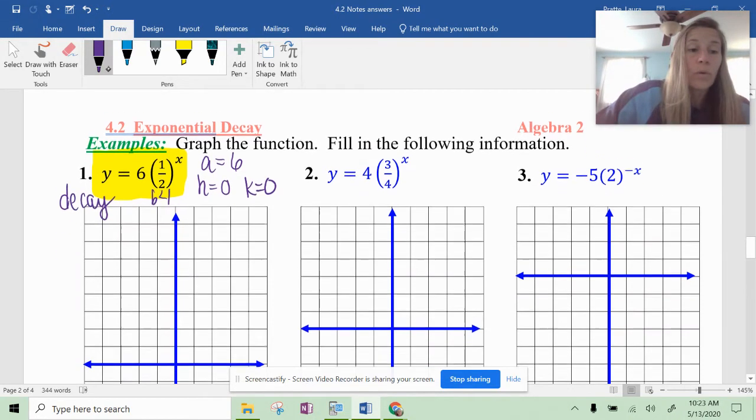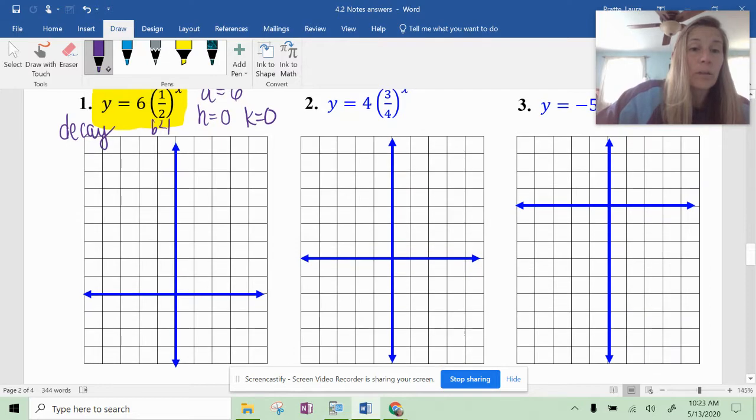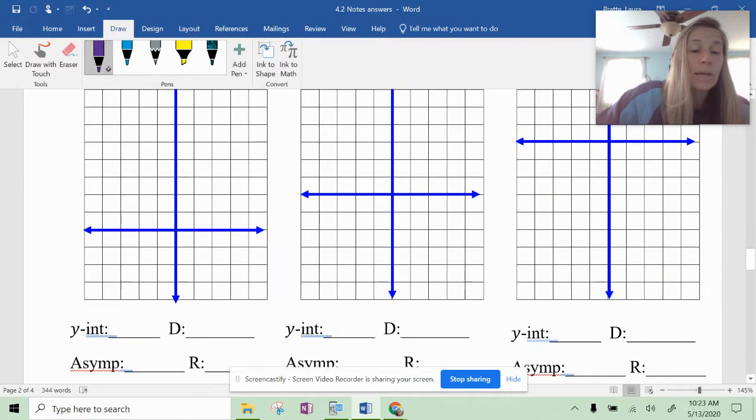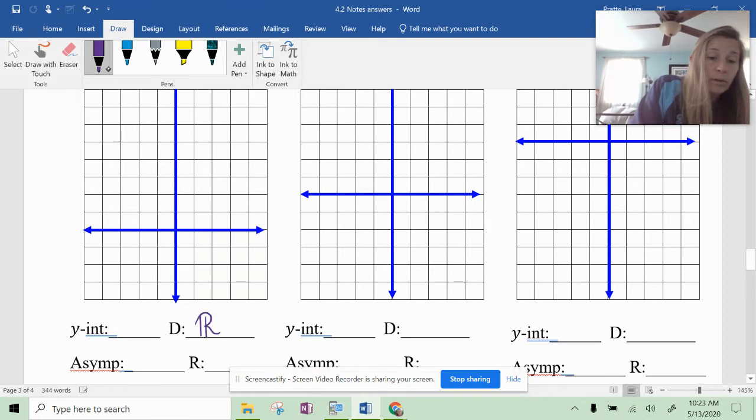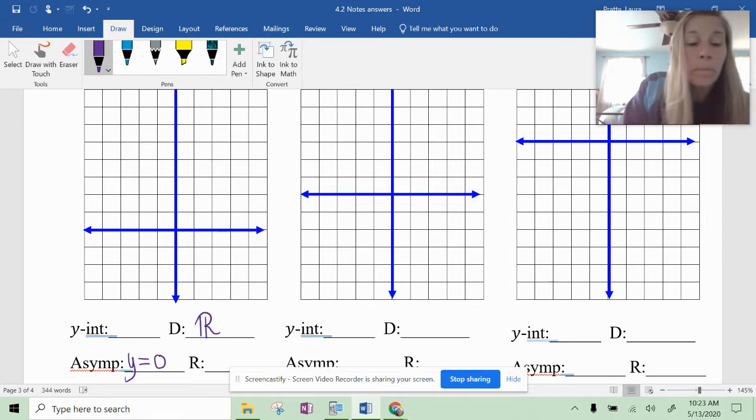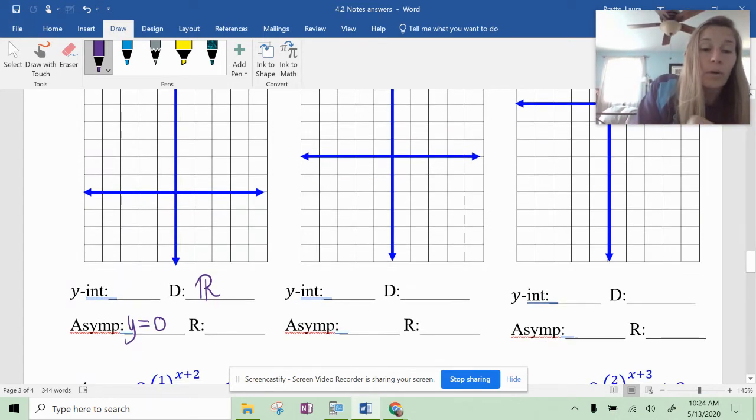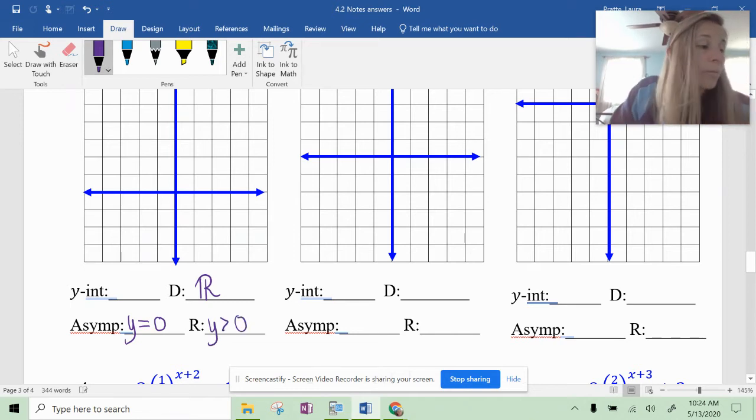So now I'm going to go down and fill in my information at the bottom here. So the y-intercept, we'll do that last. So the domain is always all real numbers. My asymptote here is y equals 0 because my k value is 0. And then my range is going to be y is greater than 0 because the k value is 0 and our a value is positive.